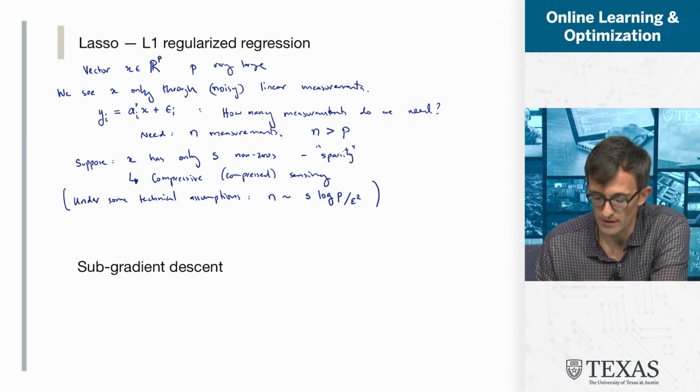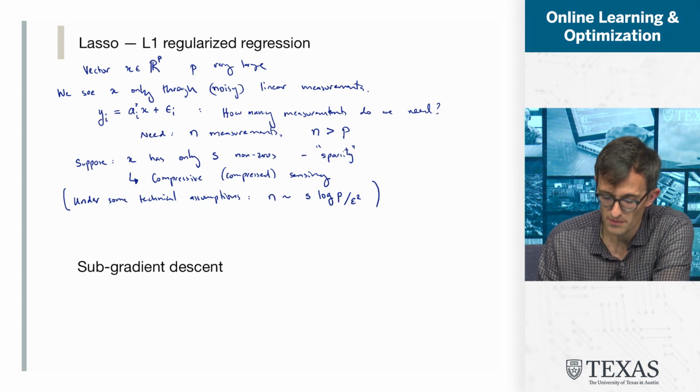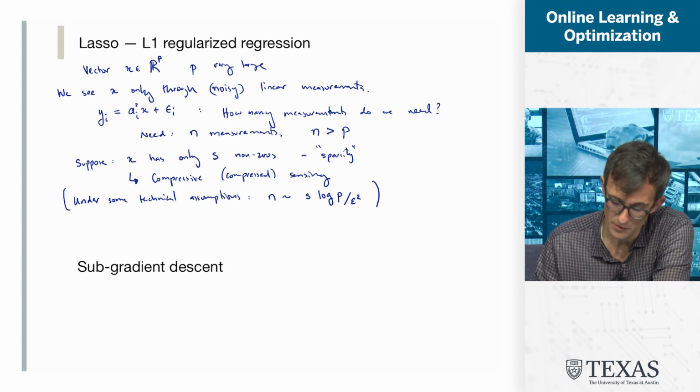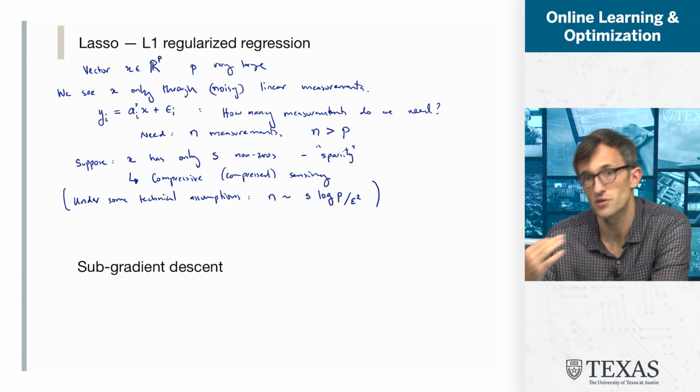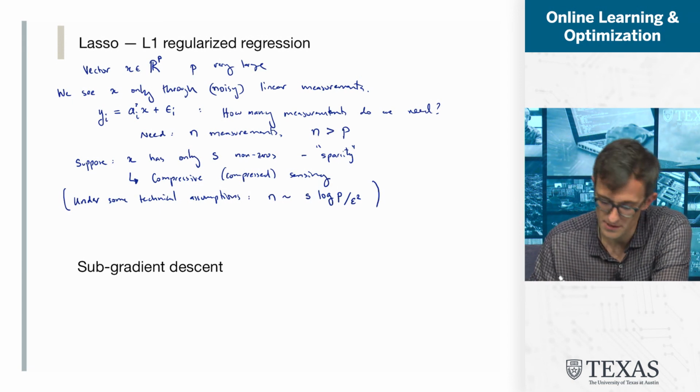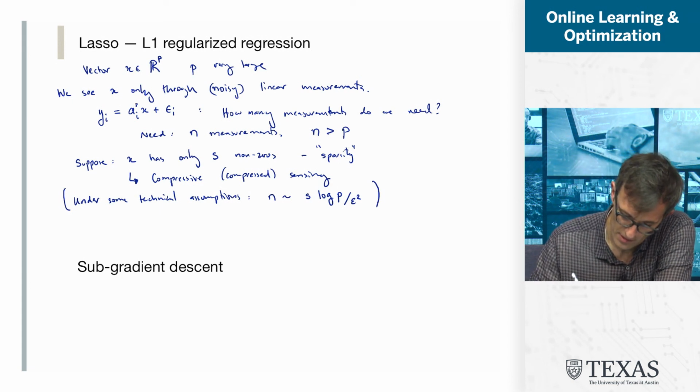It's not about analyzing this. Under these technical assumptions, with this number of samples, the following algorithm succeeds. Understanding this algorithm and how we solve this optimization is what we really care about.